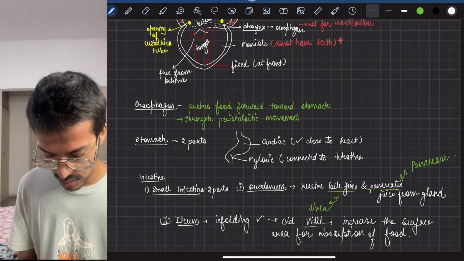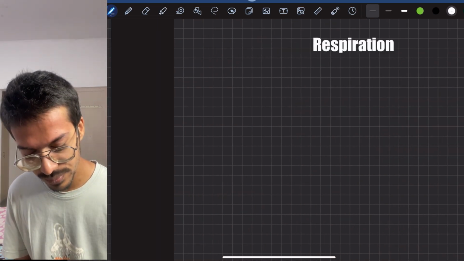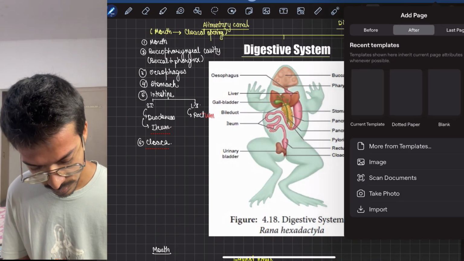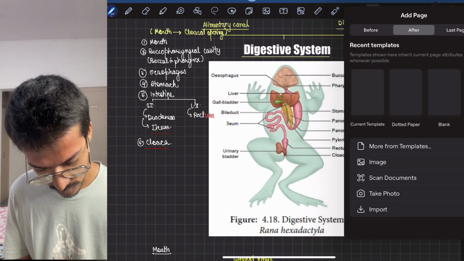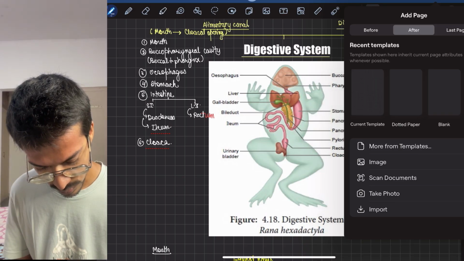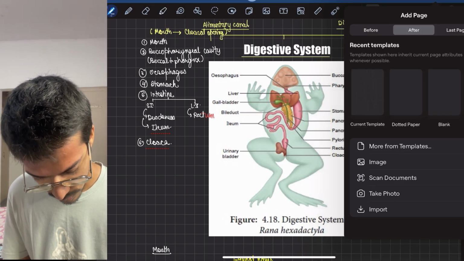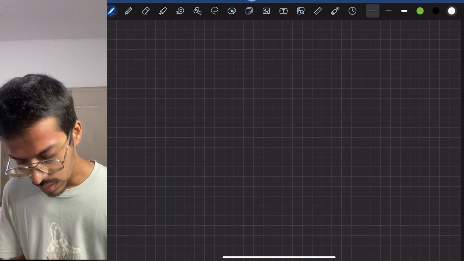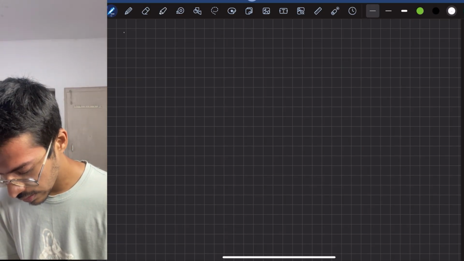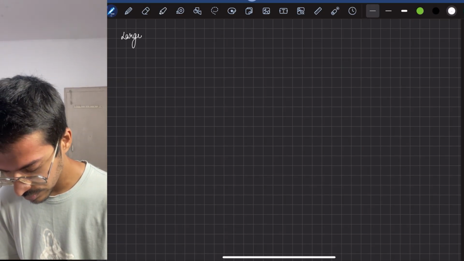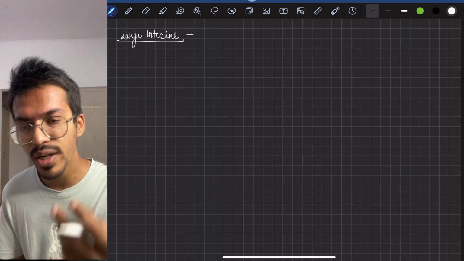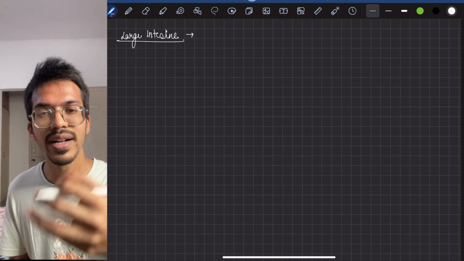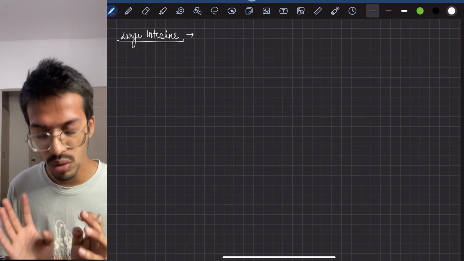Then comes the large intestine. It is made up of only a rectum, which will store the food until it has to be thrown to the cloaca.